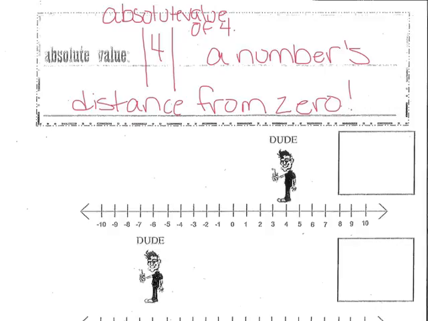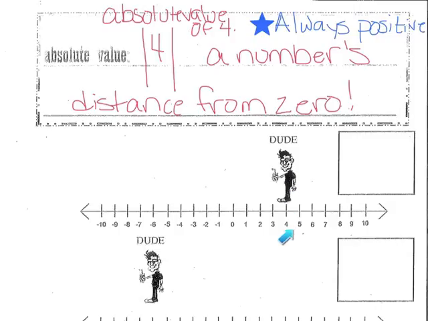If you can remember this, it will be the most helpful thing you can remember about absolute value: it is always positive. Always. Because we're talking about distance from 0. We're talking about the number of units a number is from 0. So it is always, always positive. Let's put a big star by that. Always positive.